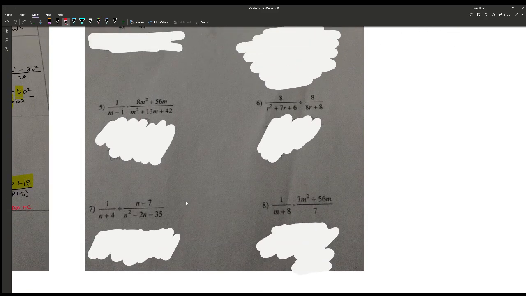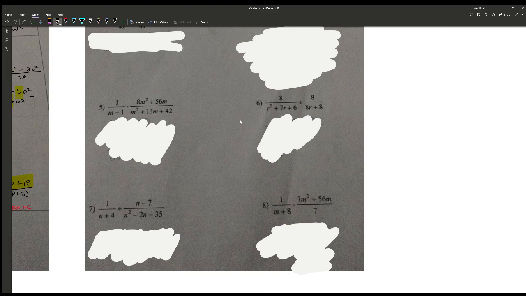I'll do, I think, if I have the hardest one, quote unquote, I don't know. Let's do one with a bunch of terms in it. Yeah, let's do number 6. I'll do number 6 and then I will end the video there.